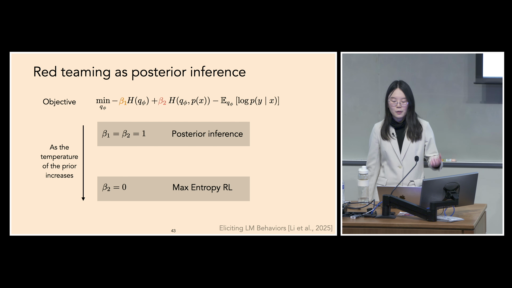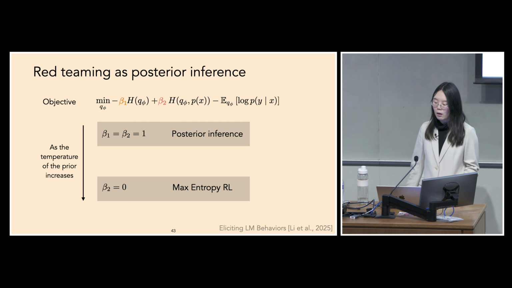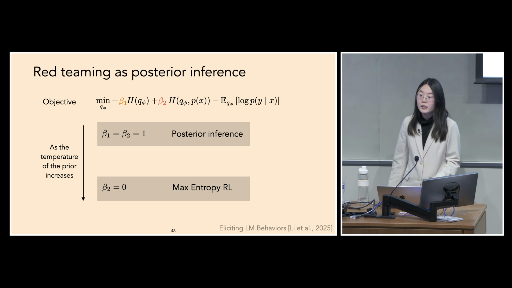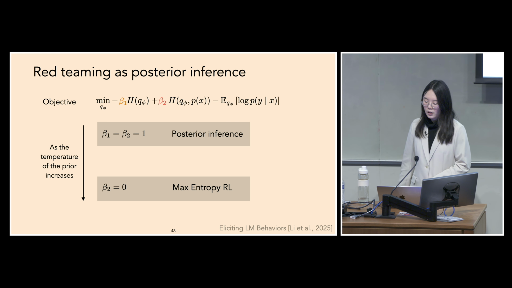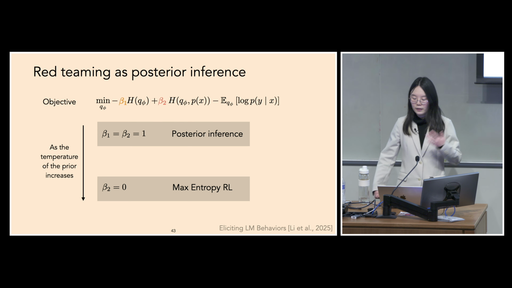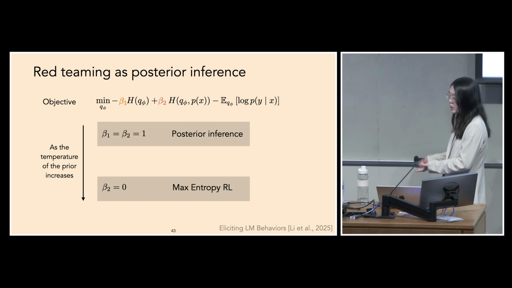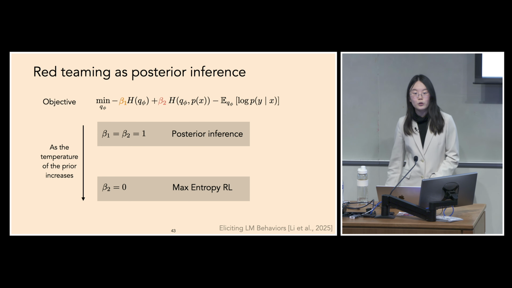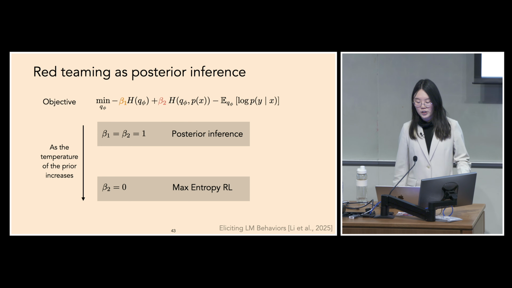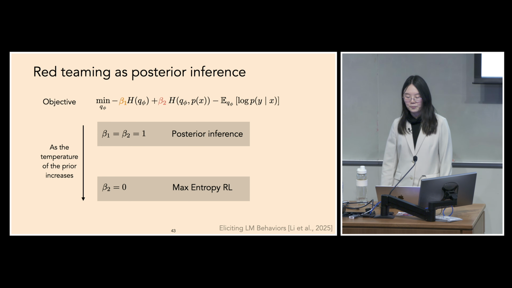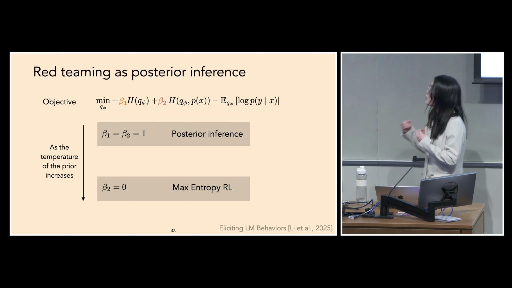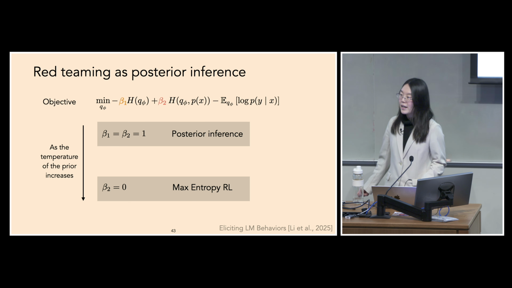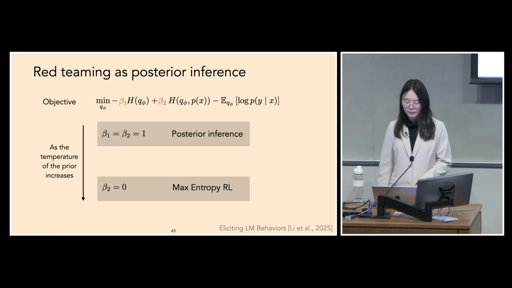And this is because for our specific red teaming problem, there is a lot of uncertainty about the prior. Should the prior distribution be only containing fluent generation, or should the prior distribution be more lenient and allow for gibberish? We are not sure. Therefore, we introduce beta 1 and beta 2 to address this new degree of freedom.